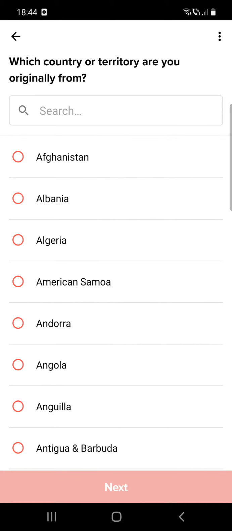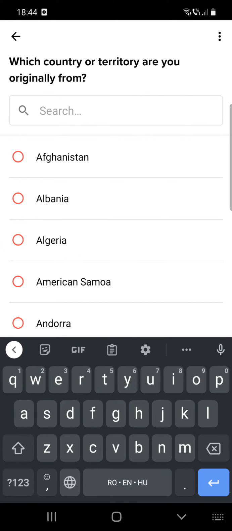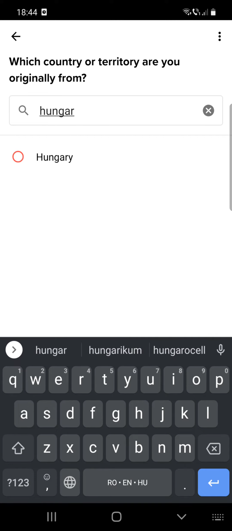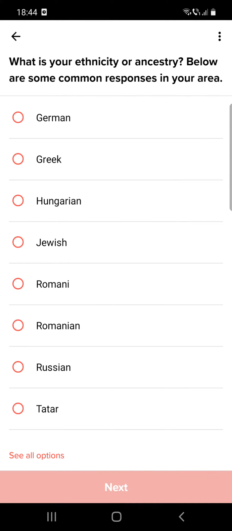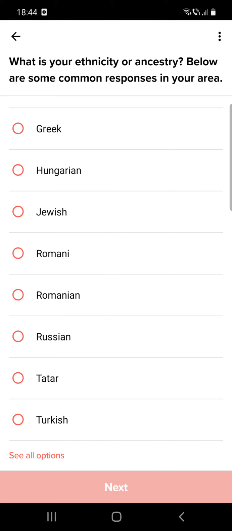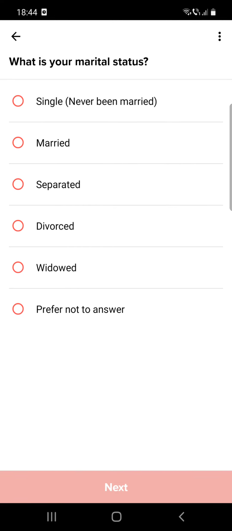Which country or territory are you originally from? What is your religion? What is your ethnicity or ancestry? Below are some common responses in your area. What is your marital status?